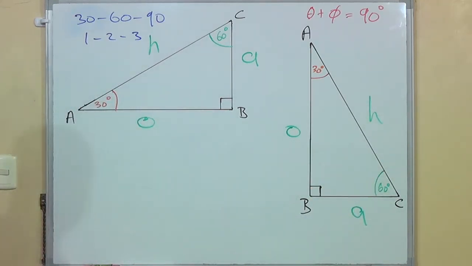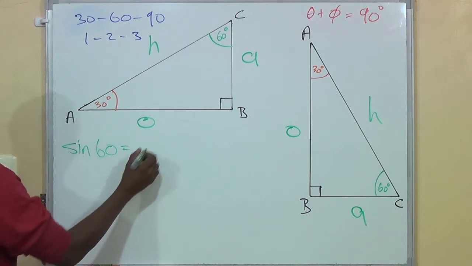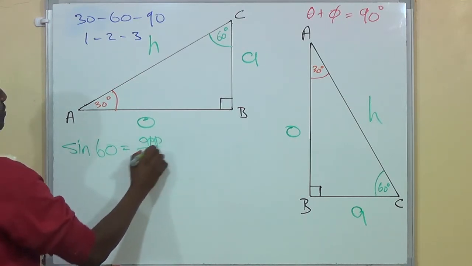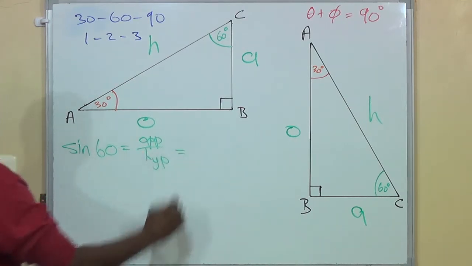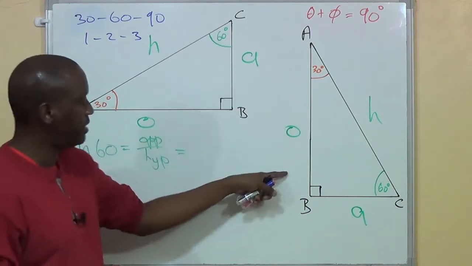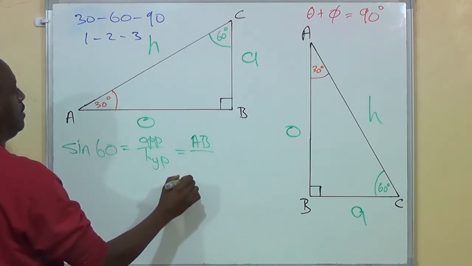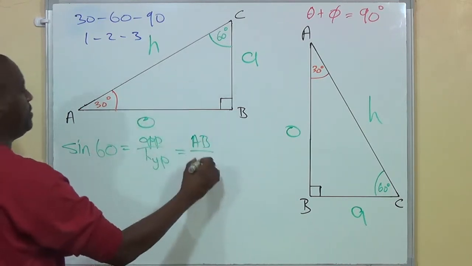And with that convention, you will now have that the sine of 60 degrees is equal to opposite over hypotenuse, which in this case, the opposite is AB, same AB across here, AB over hypotenuse AC.